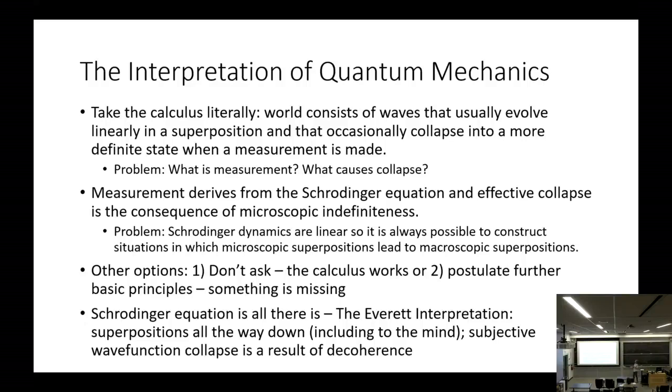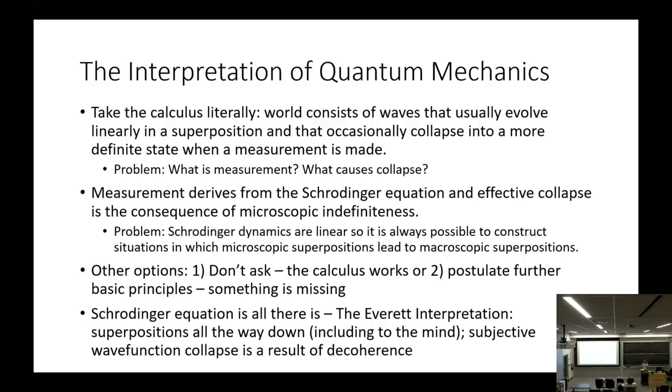All right, so option 2 is try to get the measurement postulate for free. And I mentioned this a little bit last class, where there's some debate about, do we need postulate 3? Can measurement just be derived as some modification of postulate 2?